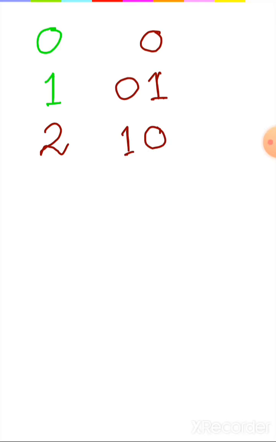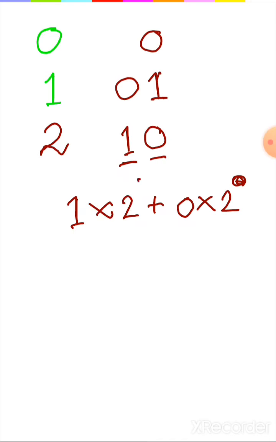So how has it become 10? We see 0 is the least significant bit. It is multiplied by 2 raised to power 0, plus 1 is the most significant bit, so 1 is multiplied with 2 raised to power 1.